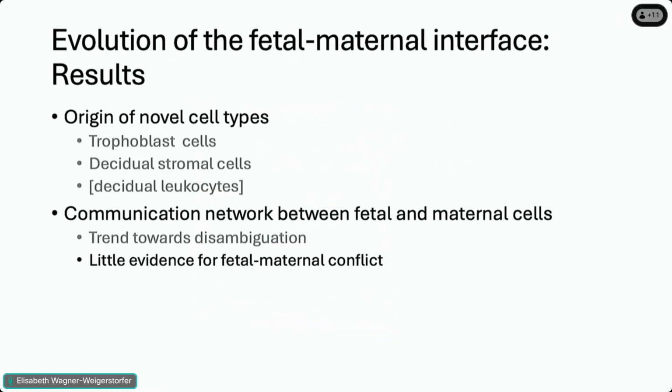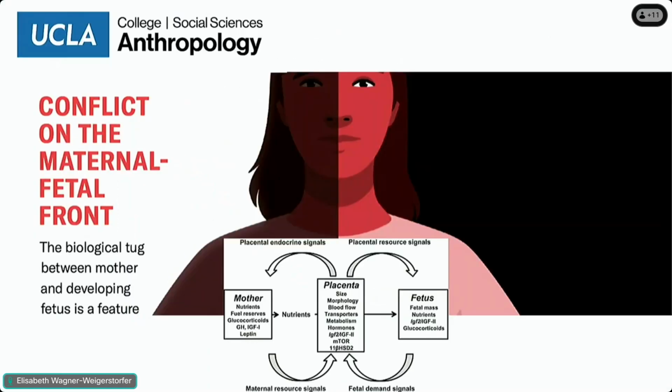Okay, the next one is probably the one that you are most interested in. I will make the argument that there is little evidence for fetal-maternal conflict. Now, fetal-maternal conflict is the idea that evolutionary changes benefiting the fetus can disadvantage the mother and the other way around, so that there is sort of a tug of war over resources and control of parturition and so on, where the evolutionary, Darwinian interests of the mother and the fetus are in disarray, and we would actually expect them to pull in different directions.